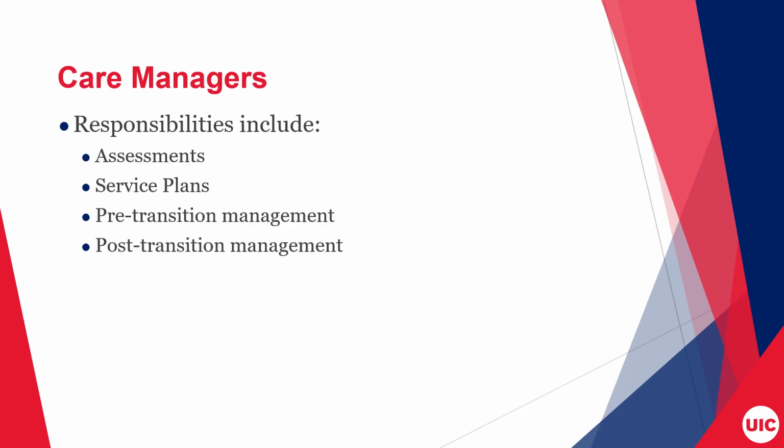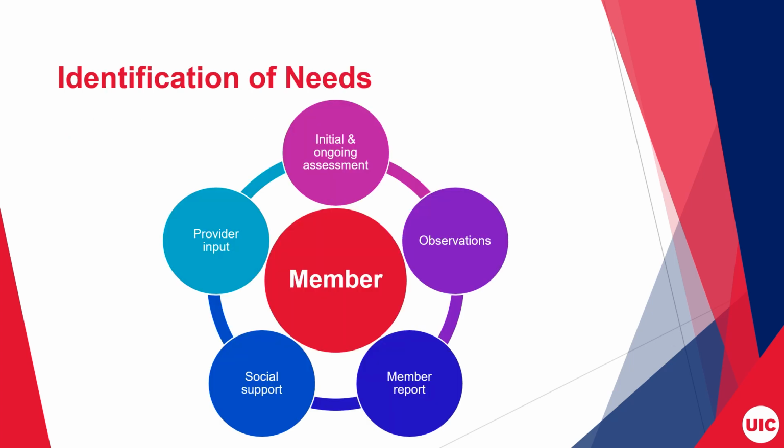Under the CCMTP model, the care manager is responsible for assessments and service plans, as well as pre- and post-transition care management. Once it is determined that the class member is proceeding towards transition, this should be entered into the web app to reflect the identified outcome. See the assessment training for more details. The service plan should incorporate the findings of the assessment and update information where indicated. Service plans are completed in the web app with active participation and insight provided by the class member and legal guardian when applicable.